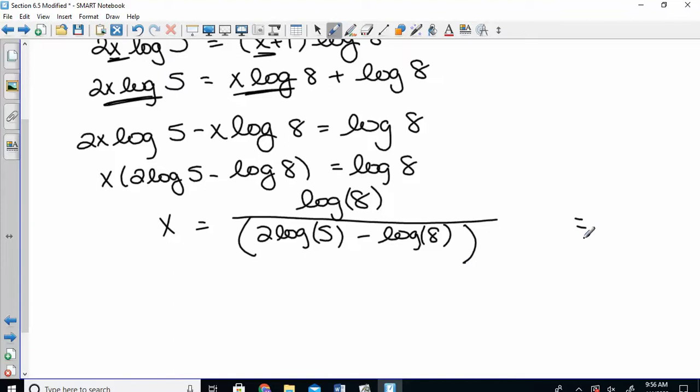So make sure you can plug that one in for me. You should get 1.82. And you can plug that back into the original to check.